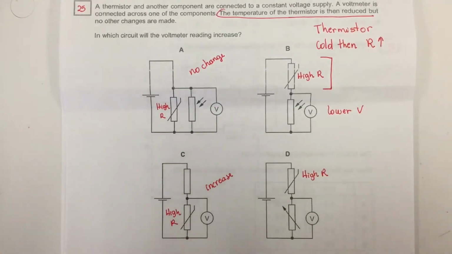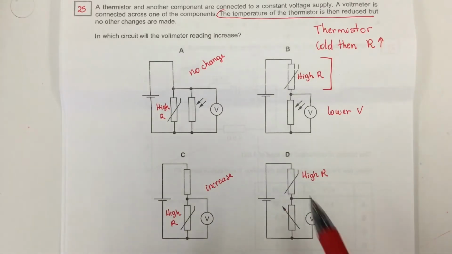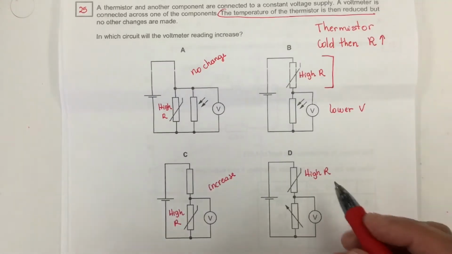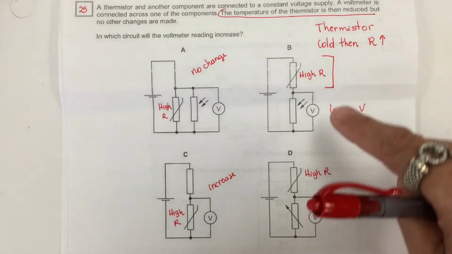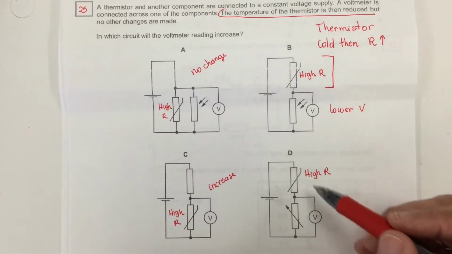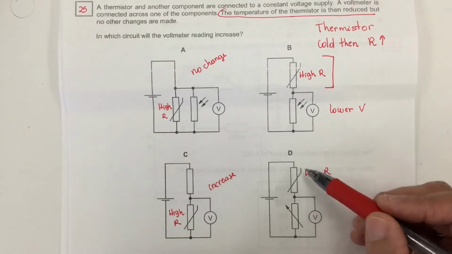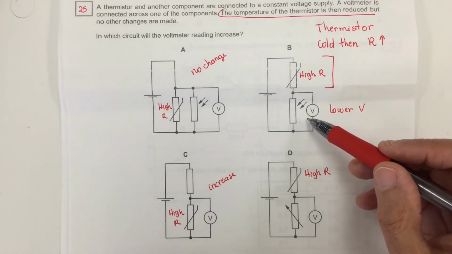So before we make our final selection, let's take a look at option D. On option D, the thermistor is here, and you have a variable resistor with no change. Since this is very similar to this, because the voltmeter is not connected to the thermistor, it's connected to the second component.